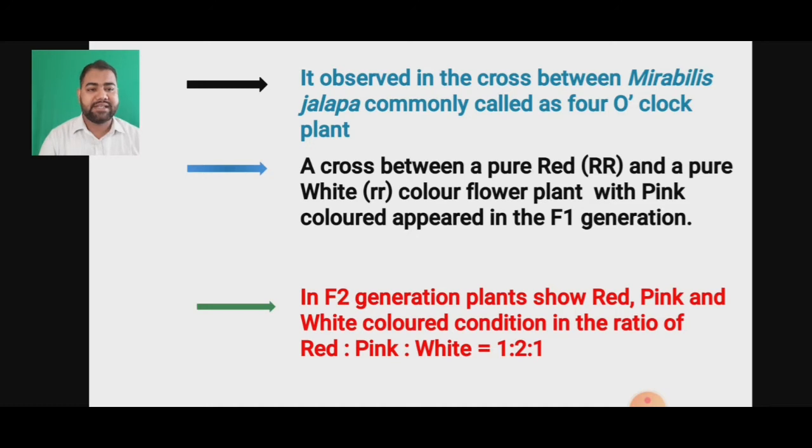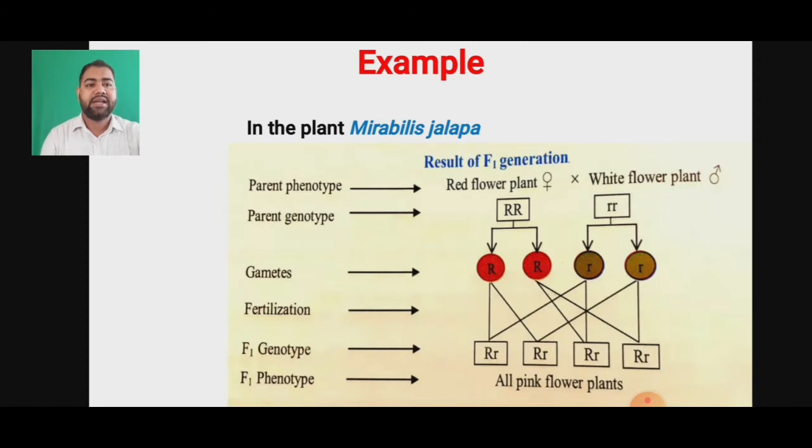In the F2 generation, plants show red, pink and white colors in the ratio of red to pink to white equal to 1:2:1.